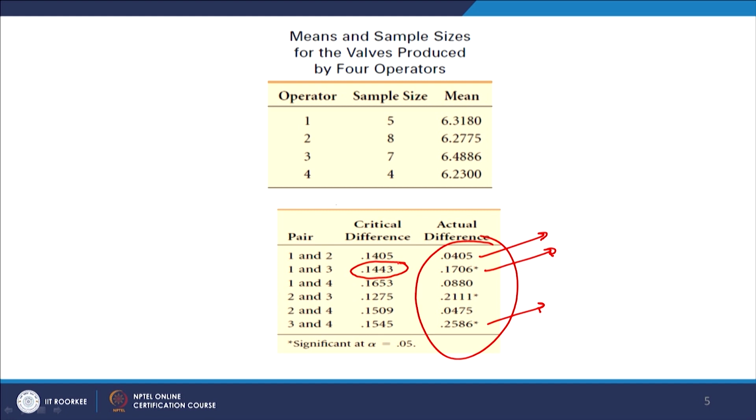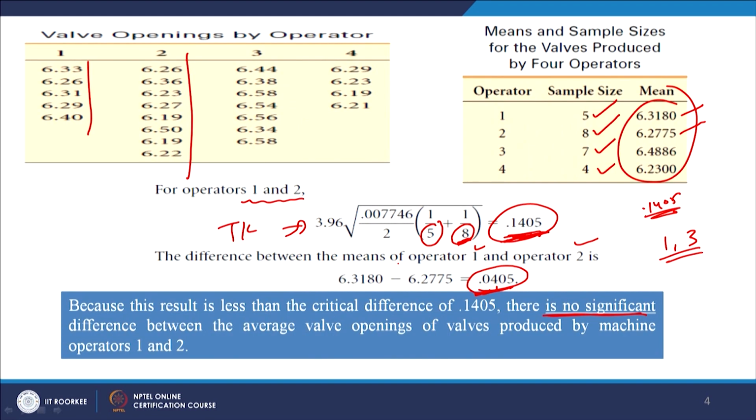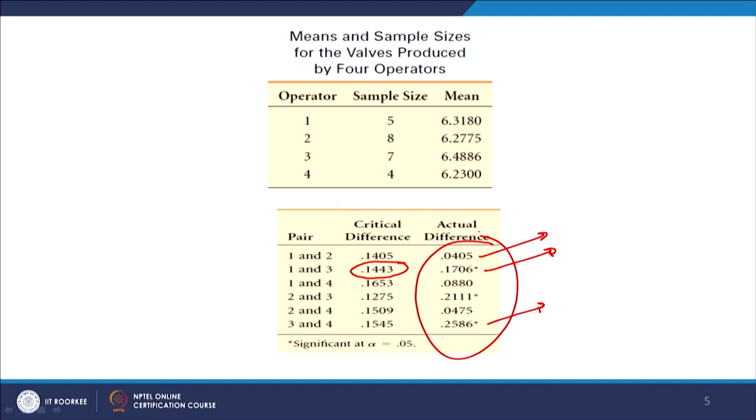When you take first and fourth group, this 5 and 4, this becomes 4. So, the critical value becomes 0.1653, right. Now, you compare each pair's critical difference with the actual difference.